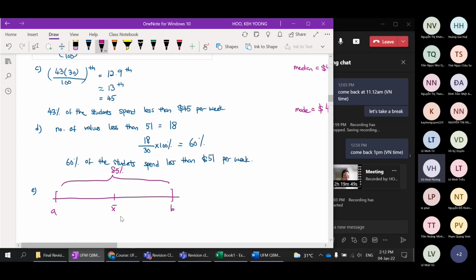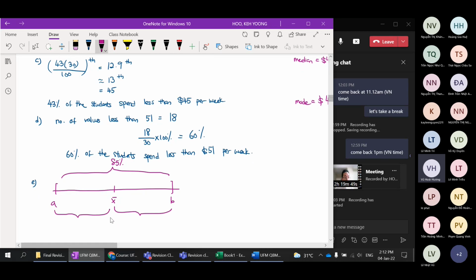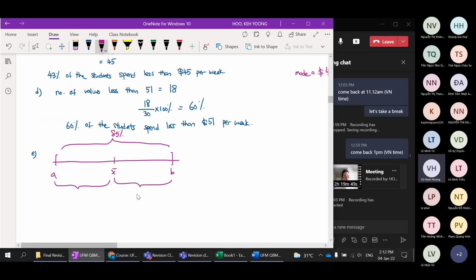What is k? k is the distance away from the mean. To be more exact, k is the number of standard deviations.